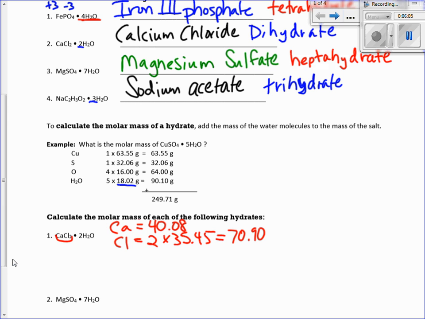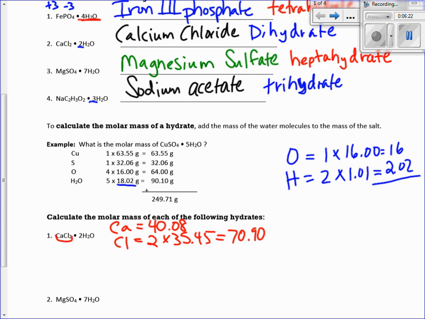You can keep using that amount each time. Why is it 18.02? Because O is going to be 1 times 16, and the H's are going to be 2 times 1.01. So 16 plus 2.02 gives us 18.02 grams per mole for the waters.